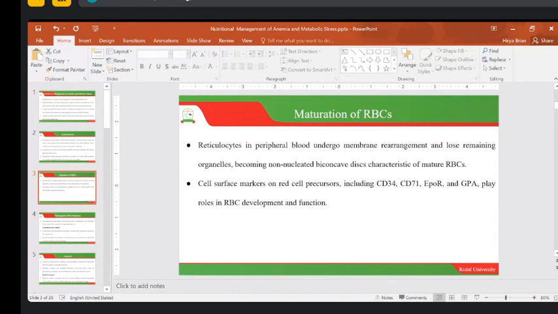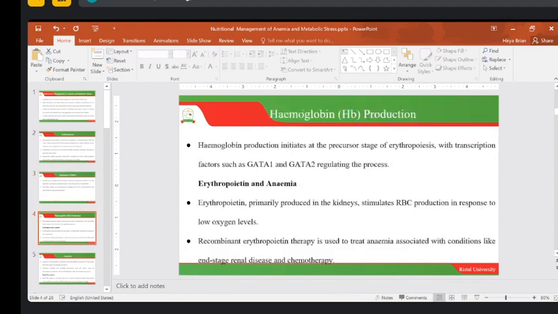The cell surface markers of the red blood cell precursors, the CD34, the CD71, the EPOR, all these play roles in red blood cell development and function. If you interest yourselves, go and read a little bit further about them.